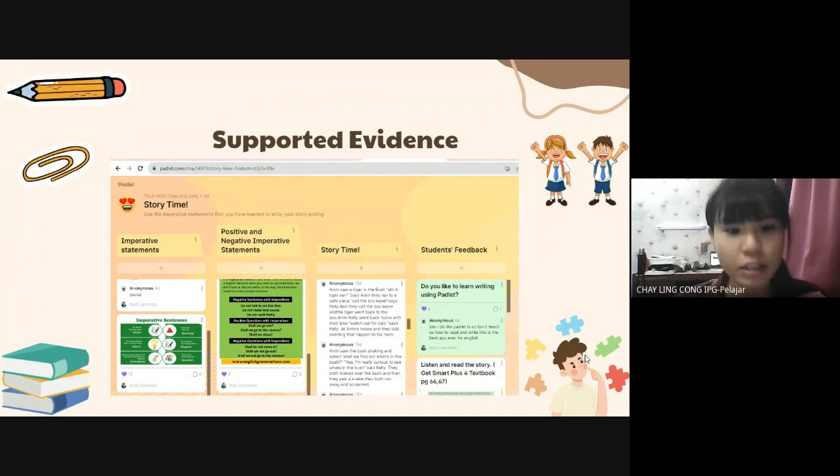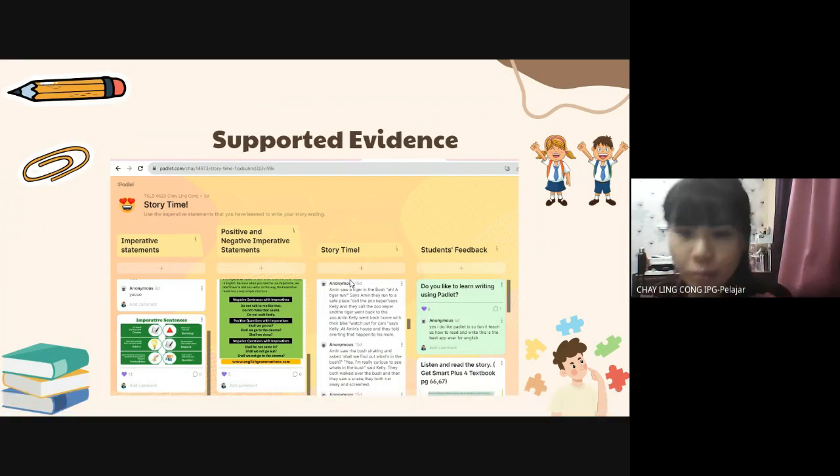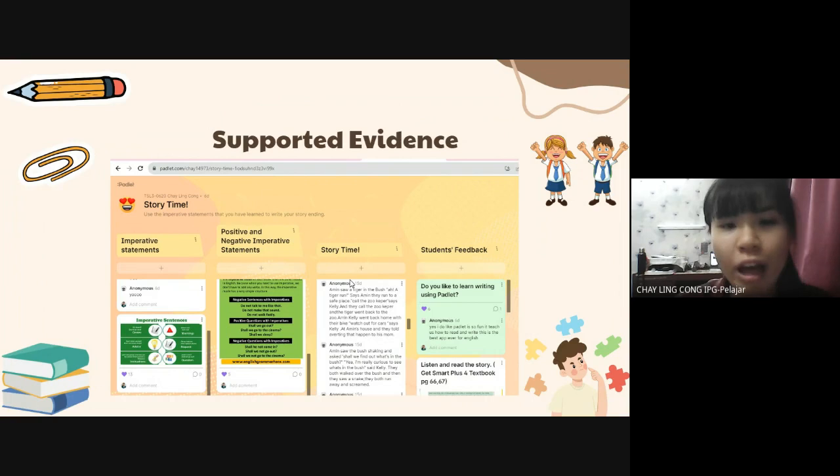We can see there are a lot of emojis, and they will have to comment with the story ending. They will write a lot of things, and this will engage them throughout the lesson. So the students will have a more fun learning environment, and they will be more conducive and motivated throughout the lesson.